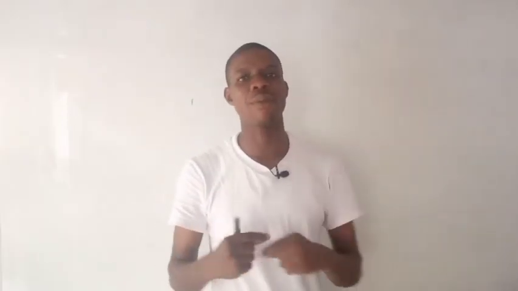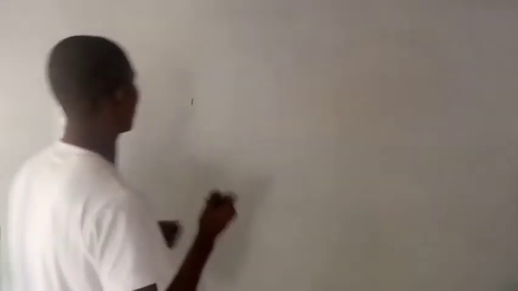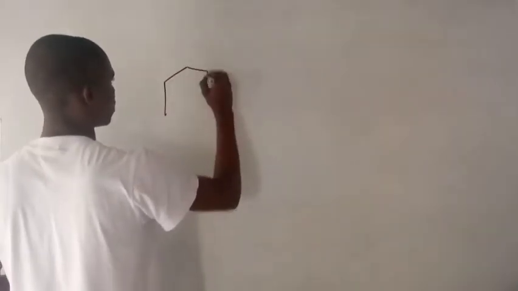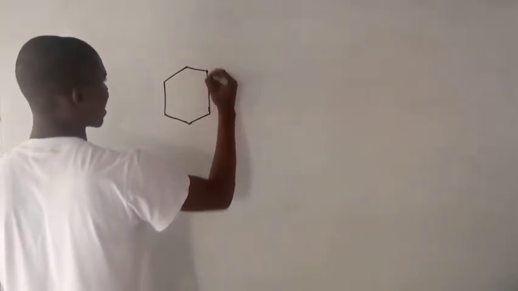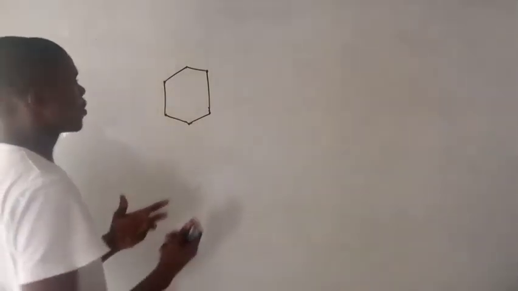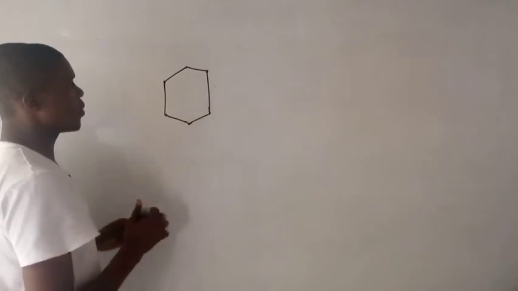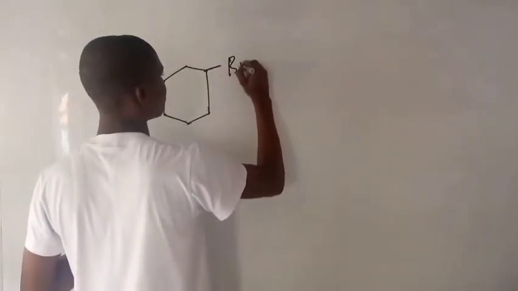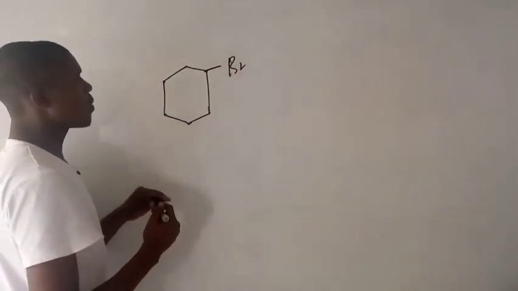What you want to understand is that in a cycloalkane, any carbon can be carbon 1. So here can be my carbon 1, here can be my carbon 1, here can be my carbon 1, and so on. Now if you have a substituent, maybe you have a Br attached to it, what will be the name?